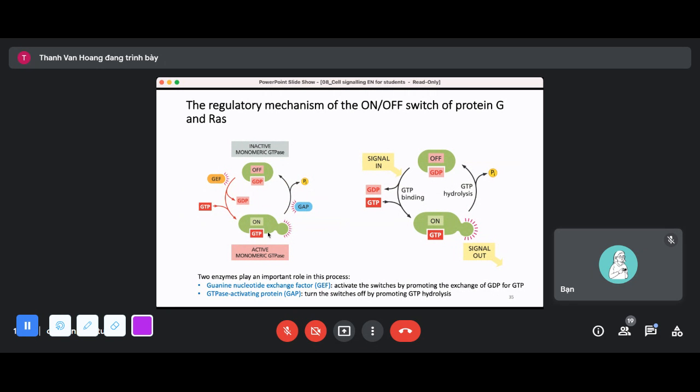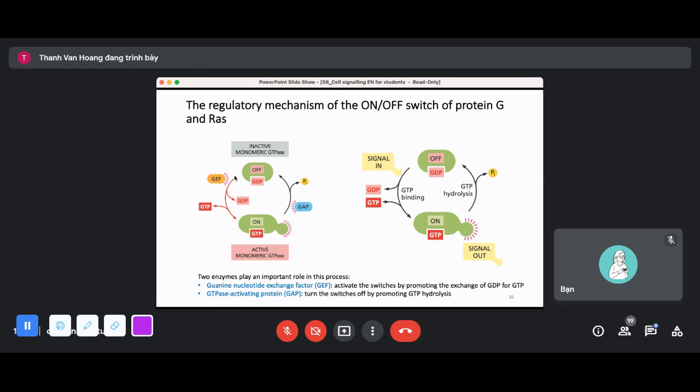After that, another enzyme will come into play. The GAP, short for GTPase activating protein, will come and hydrolyze the GTP into GDP, and RAS becomes inactivated again.